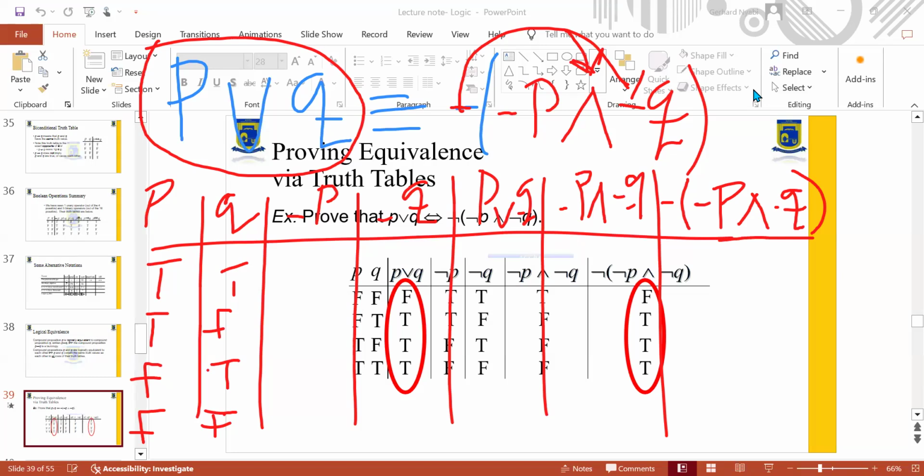So now let's go. This negative will be false, false, true, true, right? This one will be false, true, false, true. So let me use.